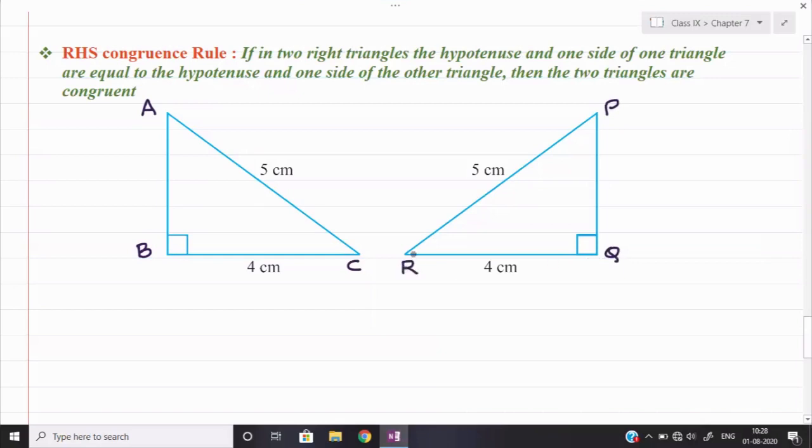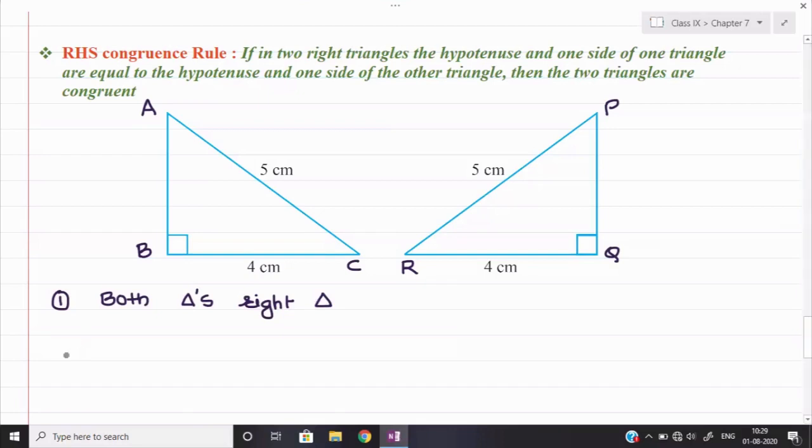So these two triangles, first of all, what condition is required? Condition number 1: to apply this theorem, both triangles should be right triangles. If they are right triangles, it means one angle should be 90 degrees. This is your condition number 1.